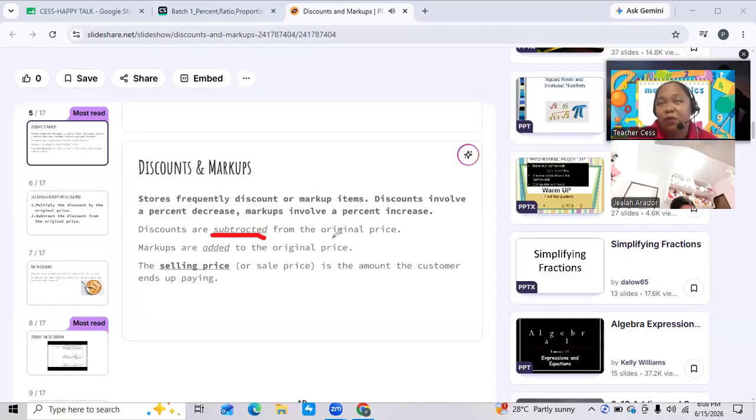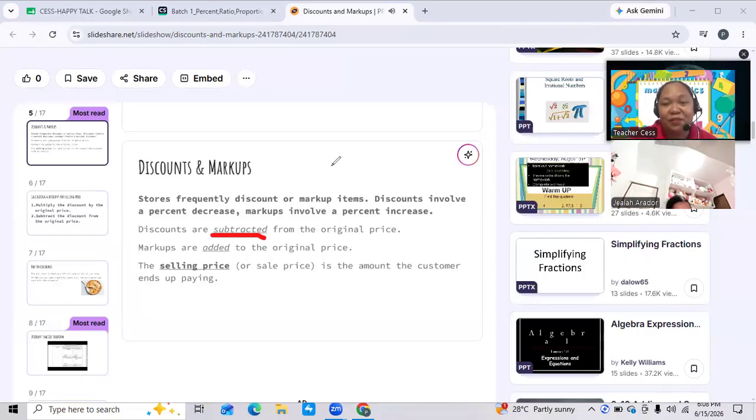So 10% of 500 is 50, right? How much are you going to pay for the dress if the discount is 50? Is it 50% or just 50? Just 50 pesos.